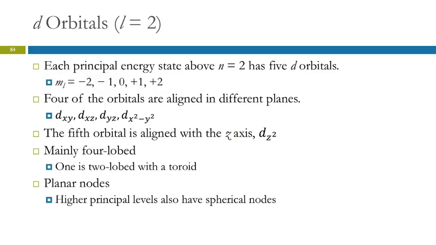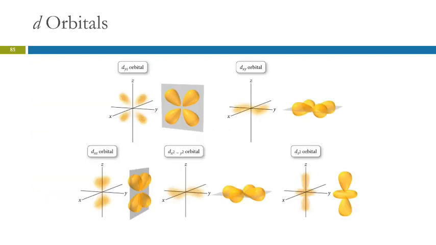When you get to L equals 2, now you have 5 d orbitals, because you have 5 different values that are possible for m sub L. These get stranger, weirder. Here's the picture. The picture's what's important.